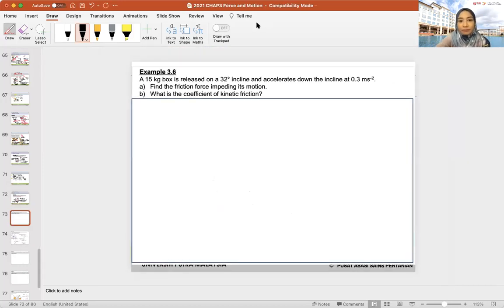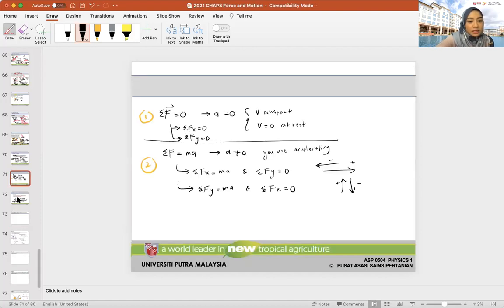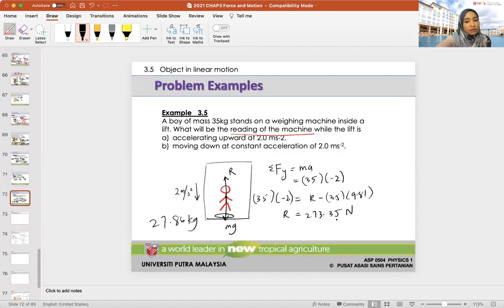Ada soalan tak? Before we move on to the next one. Doktor nak tanya. Yes. Kenapa kita kena bahagi jawapan last 10? Kena bahagi dengan 9.8. Oh, tak payah pun, tak apa. Your final answer is actually just the reaction force. 273.35. Tapi kita punya weighing scale kita measure in kilograms, right? Pemberat.